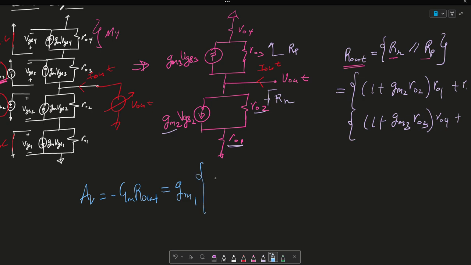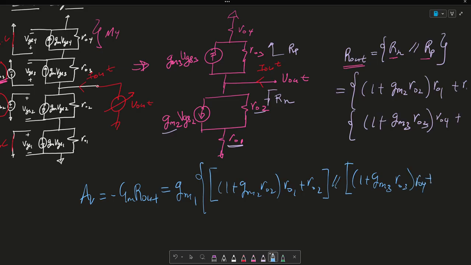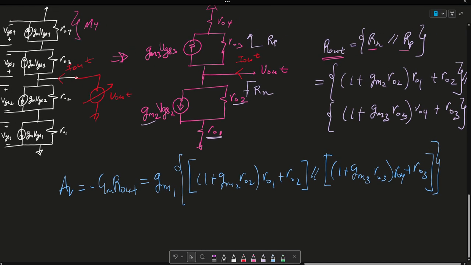And we have 1 plus GM2 RO2 times RO1 plus RO2, in parallel with 1 plus GM3 RO3 times RO4 plus RO3. All right. And this is your complete equation.